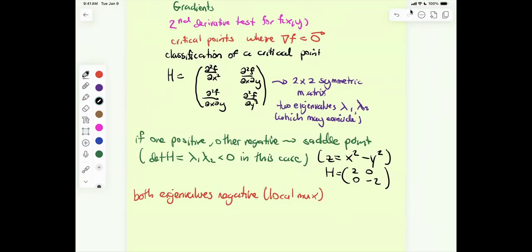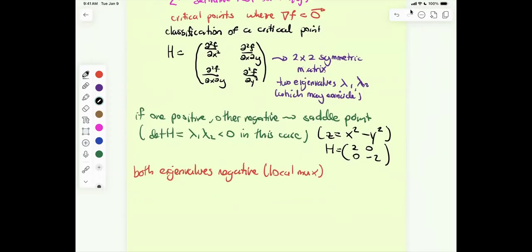If you have the spectral theorem, meaning that you know a symmetric matrix can be diagonalized, then you diagonalize this matrix. By the way, you only need to know that it can be diagonalized. You don't need to know that it can be diagonalized with an orthogonal matrix.